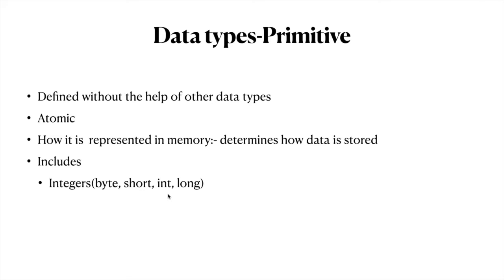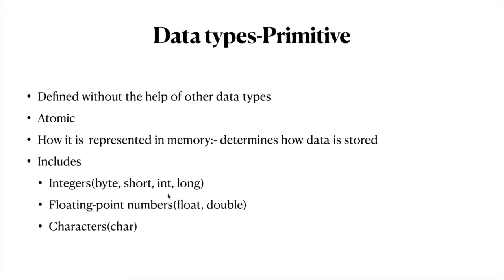So the primitive data types, there are 4 primitive data types. Integers, this includes the data types byte, short, int, and long. We will see them in detail in a bit. And the other is floating point numbers. That means numbers with fractions or decimal points are called floating point numbers.